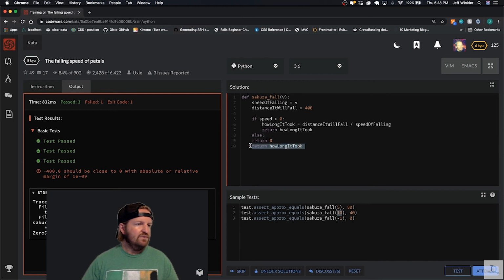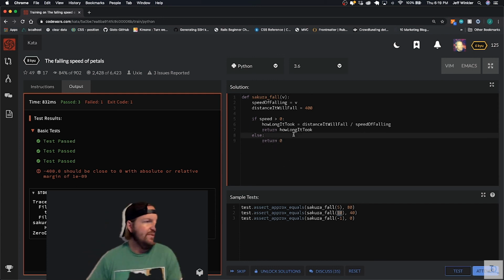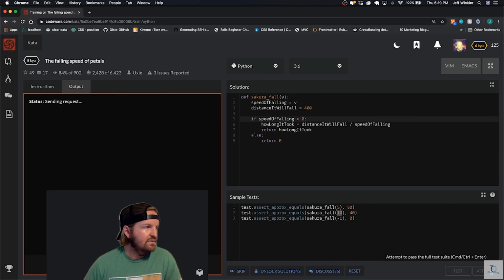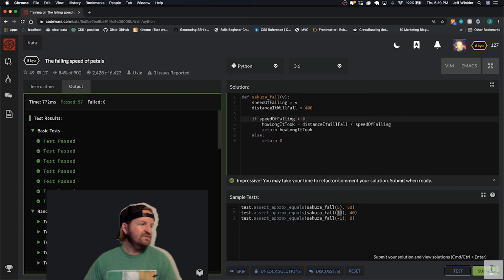Get rid of this one. Okay, so if the speed of falling is greater than 0, then return how long it took. Else return 0. I believe that is correct. Yes. Okay, we did it.